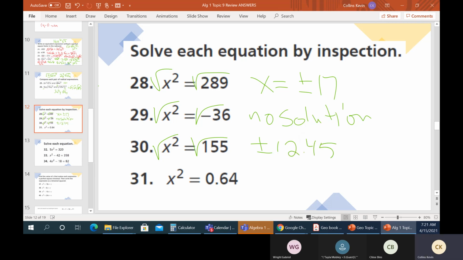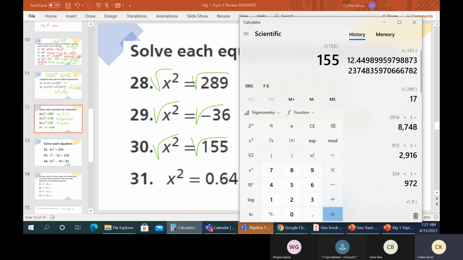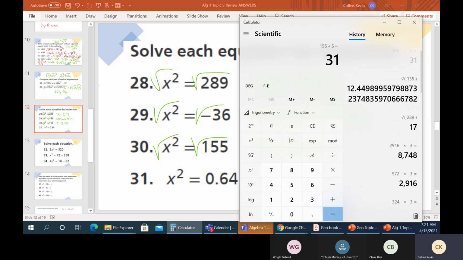Now, if they want it as a square root, we can look and say, are there any perfect squares that go into 155? Can't think of any off the top of my head, but let's try. We can do the prime factorization thing. We'll take 155. It's not a perfect square, but we can divide it by 5, because it ends in 5. If I divide by 5, I get 31.